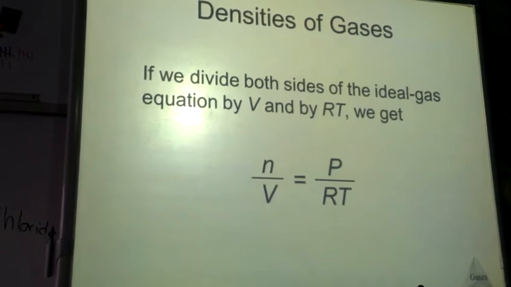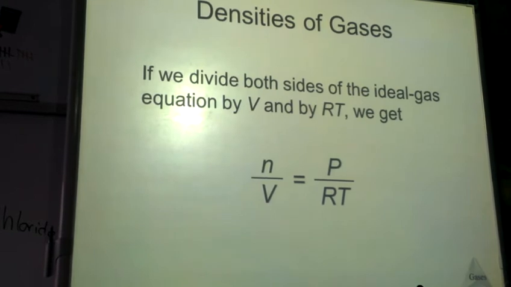So I'm given PV equals nRT. I rearrange this here so it's n over V equals P over RT, and I just did that because I know that moles has a relationship with molecular weight, just like it has a relationship with mass, with grams. And my goal is to show that density equals something with the ideal gas law.